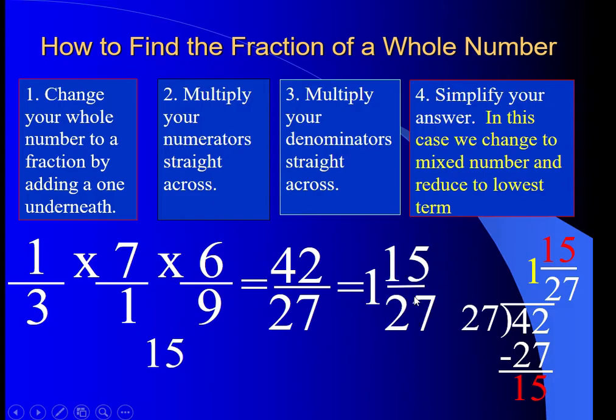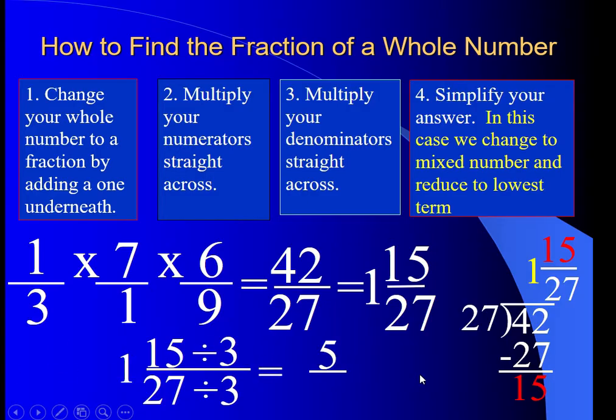But is this the final answer? Hindi po. Kasi pwede pa itong i-reduce to lowest term. In what number can you divide 15 and 27 without a remainder? Yes, we can divide it by 3.